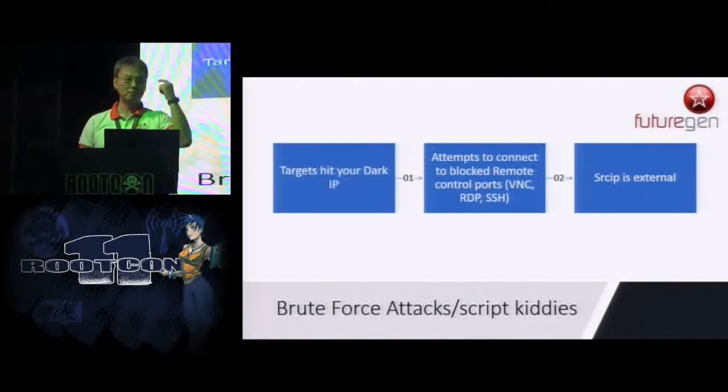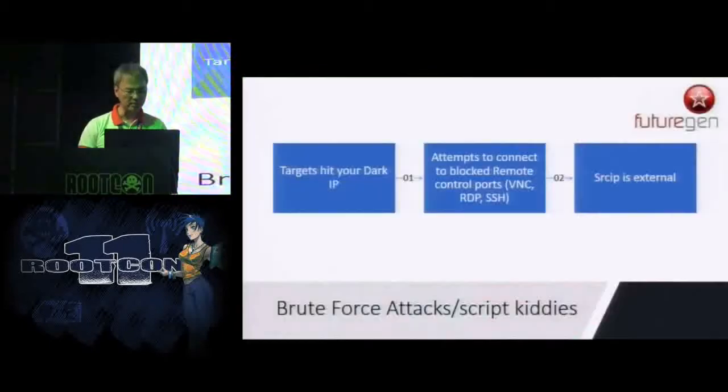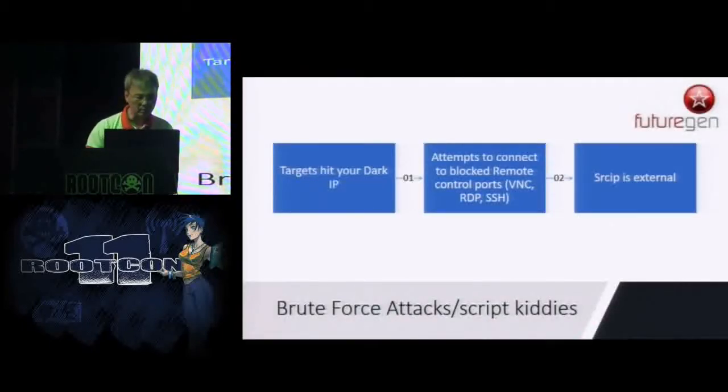Once traffic starts hitting those sequentially, you know people are already scanning you. Or they would be attempting to connect to blocked ports. Those are dead giveaways. And of course, the source is external.